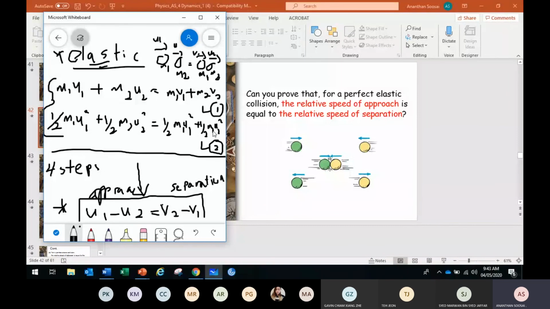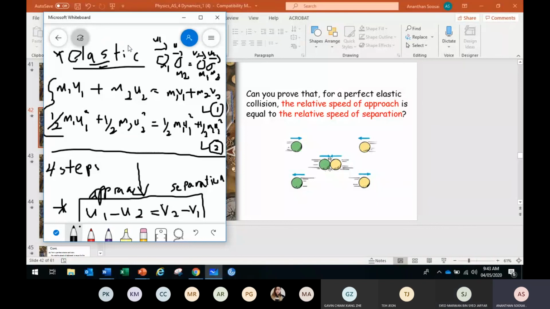So this is your homework. How can you solve this, about 3 to 4 steps of working? Try to kill the mass and end up getting U1 minus U2 equals V2 minus V1. If you can do this, your maths is good.